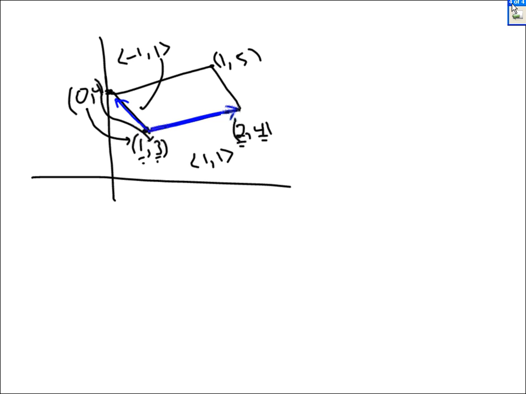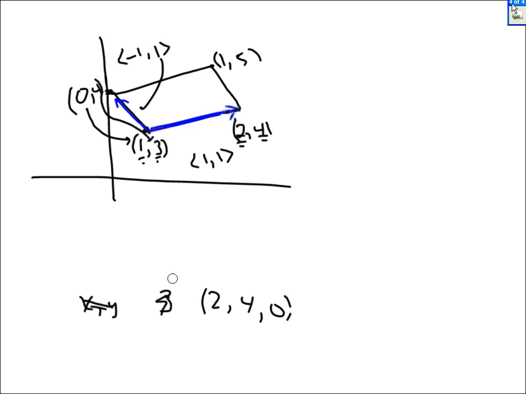And we can find the area. Now, to just think of x, y, think of 2, 4 as 2, 4, 0. Let all the z values just be 0.